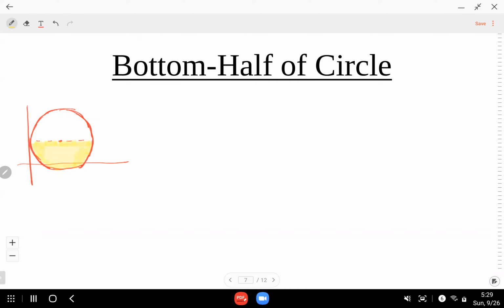What is its relation between y and k? What did we say about the relation between y and k in the top half of the circle? Well, y is greater than k. Now, if we're talking about the bottom half of the circle, how are we going to do that?